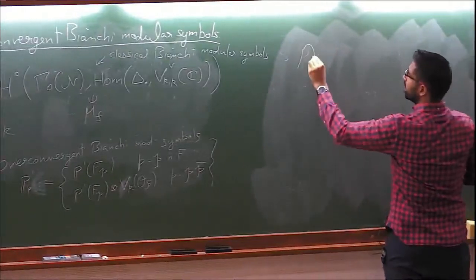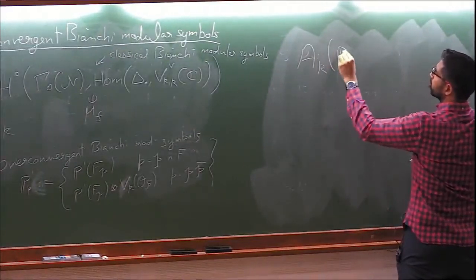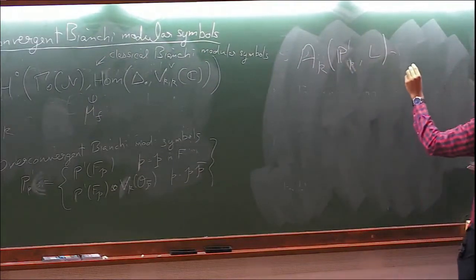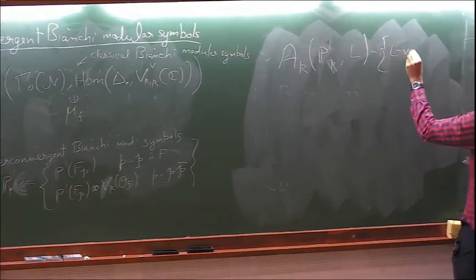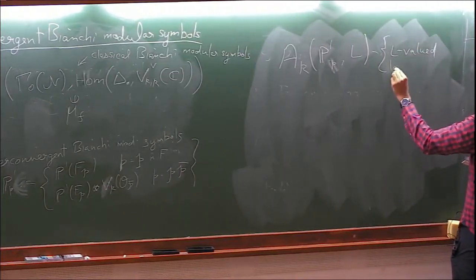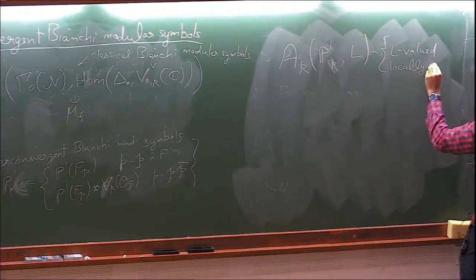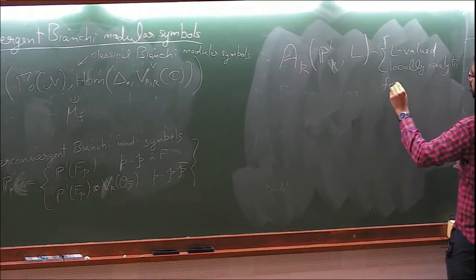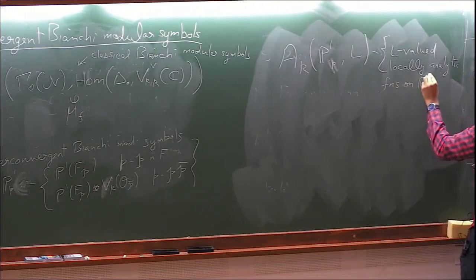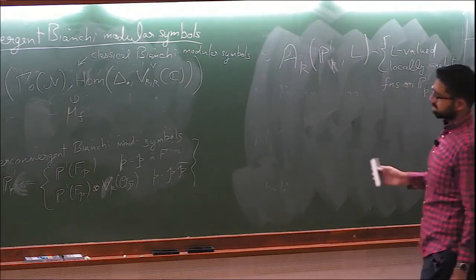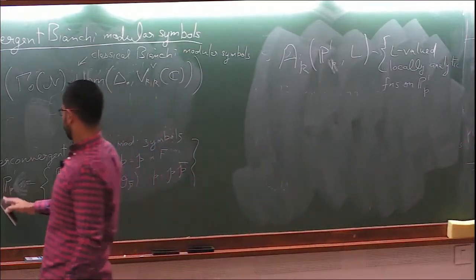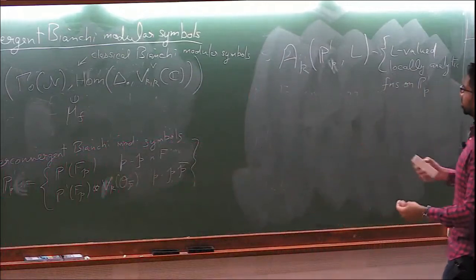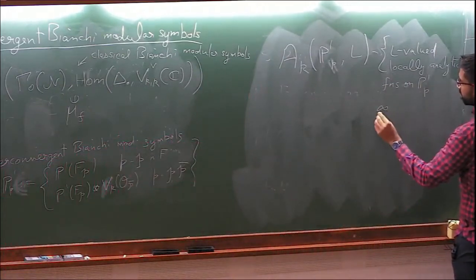Let me call A_k(P^1(F_p), L) the set of L-valued locally analytic functions on P^1(F_p). In Andreatta's talk there was no point at infinity, but somehow this comes in. So I'll say that it can have a pole at infinity.